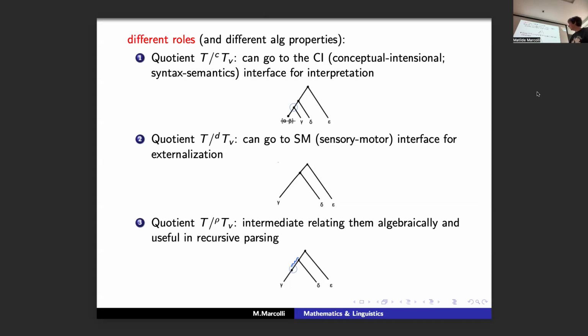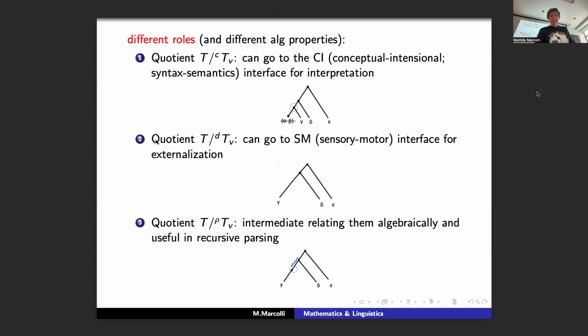And on the other hand, the one where everything disappears, any trace of the structure that has been moved, is the one that actually goes to the externalization, where you only externalize once the structure that has been moved, not a second time. And this intermediate step is sort of relating the two.